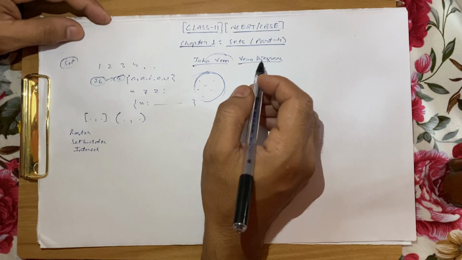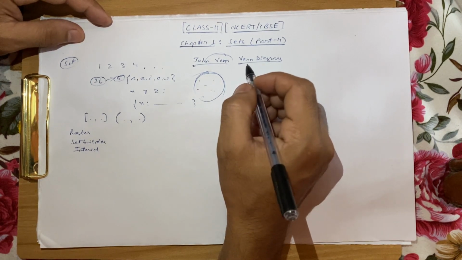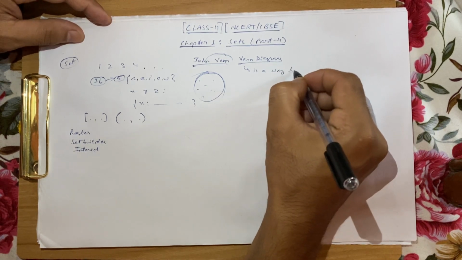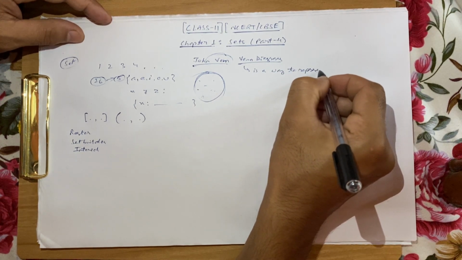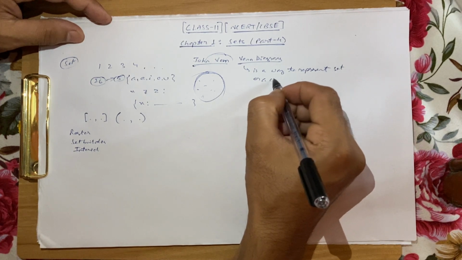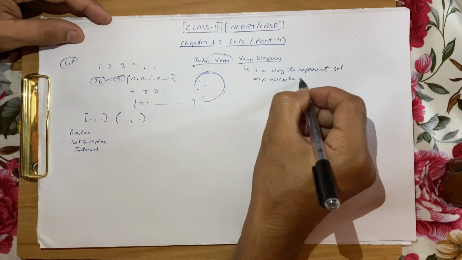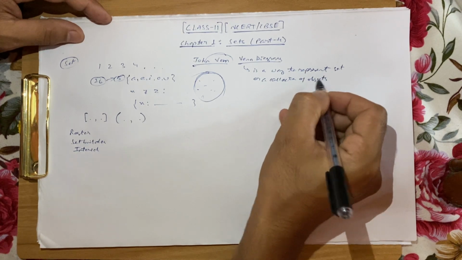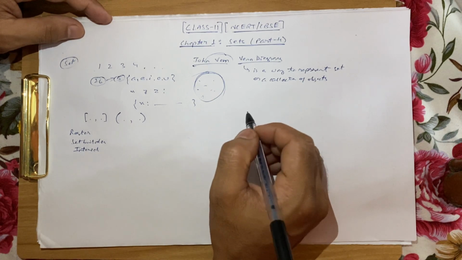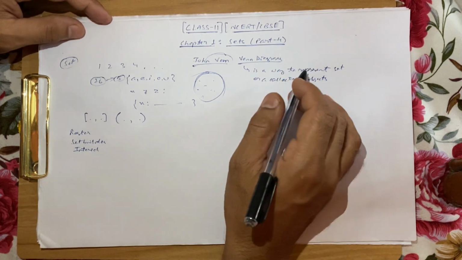Alright, so what is a Venn diagram? A Venn diagram is a way to represent a set or a collection of objects using what? Diagrams. Not by using commas and brackets and all of those, just by the use of diagrams.